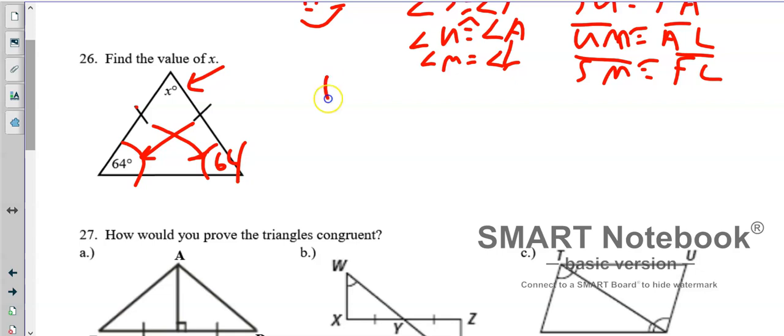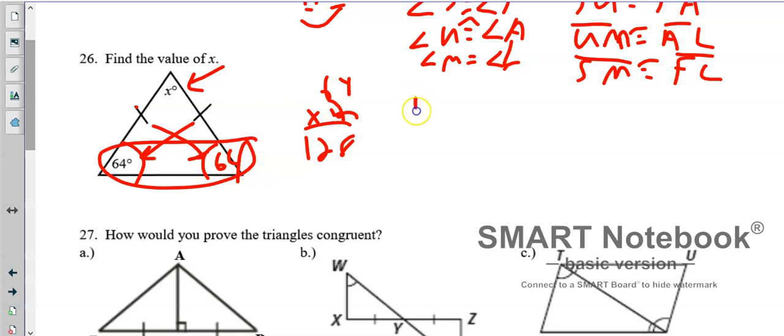So 64 times 2 is 128. All right? Which means right here we've used up 128 degrees. So we have to subtract 128 from 180 and get 52. So this right here is 52 degrees.